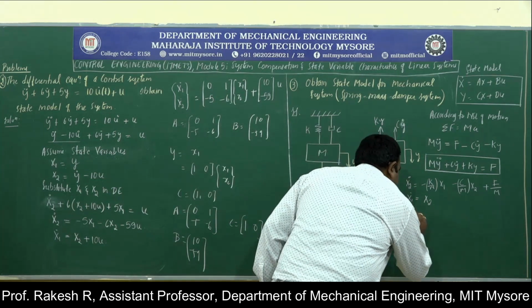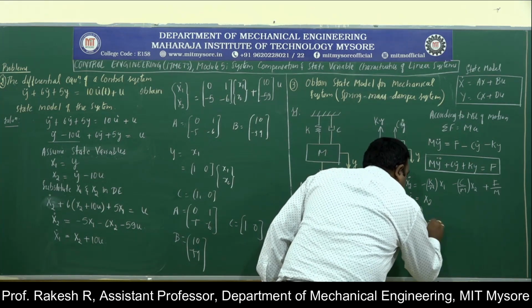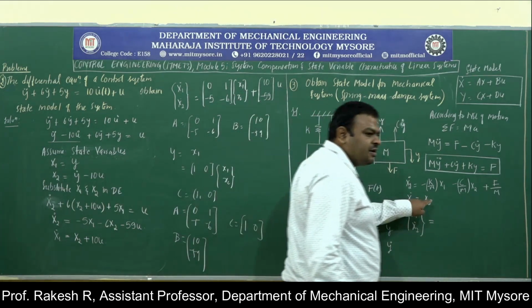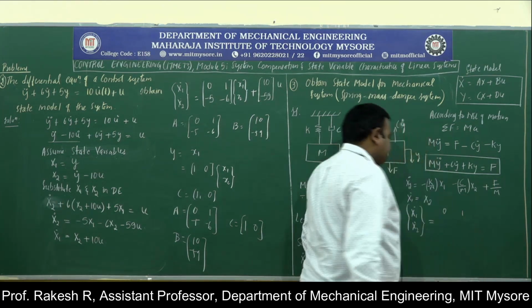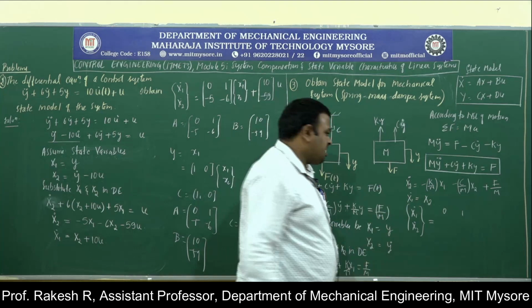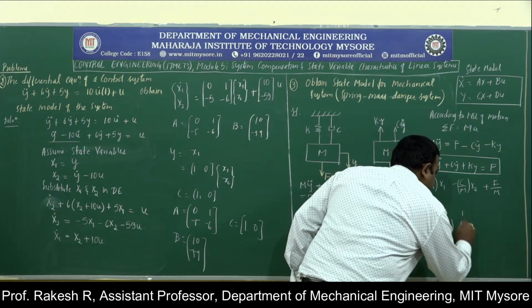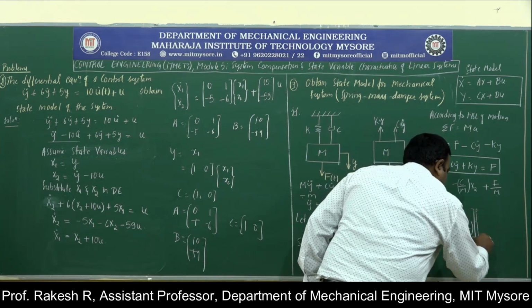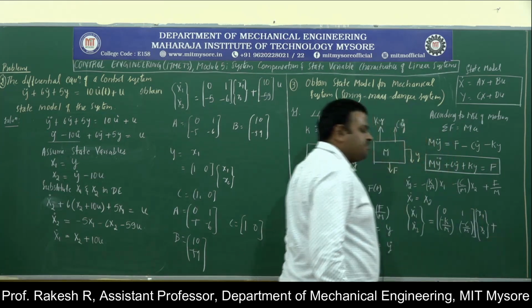I will write the matrix. x1 dot, x2 dot will be equal to, what is x1 dot? x1 dot is having only one term, that is x2, so 0, 1. x2 dot is having both the x1 term as well as the x2 term, into x1, x2 plus, what is B?